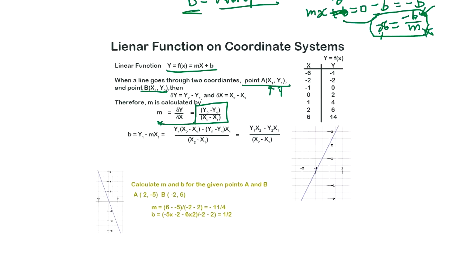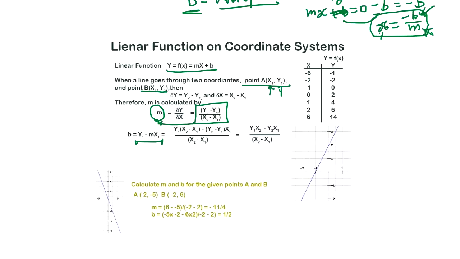And once we know the slope m, we can find out the b, because y1 minus y2 over x1 minus x2 is going to be the slope.